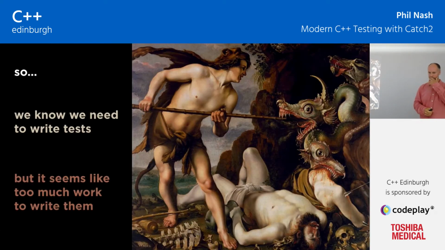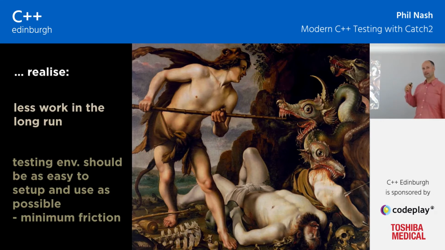Back to our paintings. So in summary for this section, we do know that we need to write tests for various reasons, including money. But it just seems like too much work to write them. So a couple of things we need to realise. First of all, it's less work in the long run.